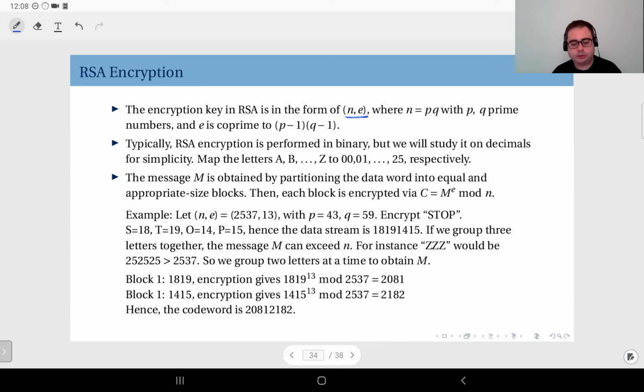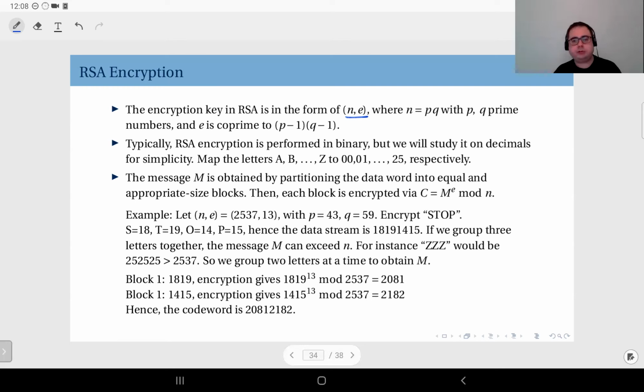Just as in the Caesar cipher, we are going to map decimal numbers to each letter, A, B, C, up to Z. The numbers 0, 1, 2, etc., up to 25 are going to map to A, B, C, etc., up to Z. Since potentially we can have two-digit numbers, we are also going to pad the one-digit ones with a 0.